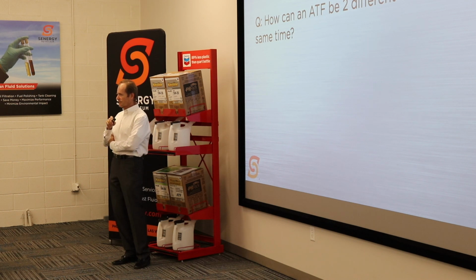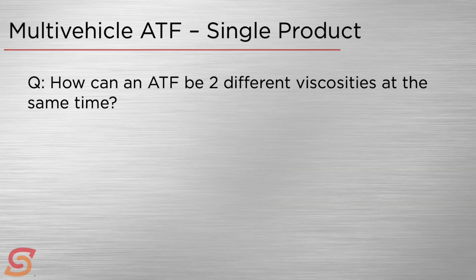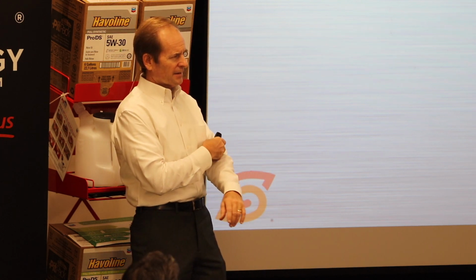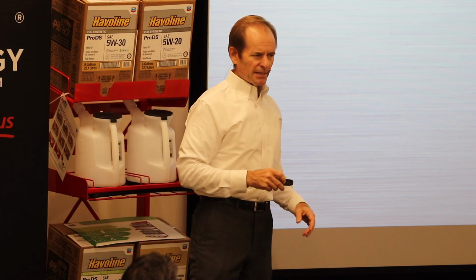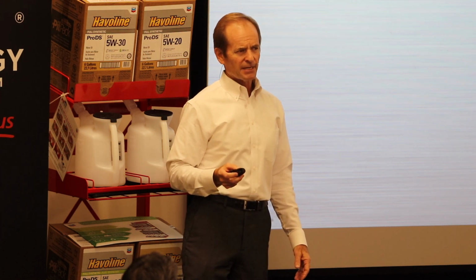You've got some stuff that requires the high viscosity and some that requires the low viscosity. How can you have one ATF that's going to make everybody happy, that's going to meet the specs of both of them? And yet people were talking about this. I got thinking about it. It's kind of like, how can you be two places at the same time?